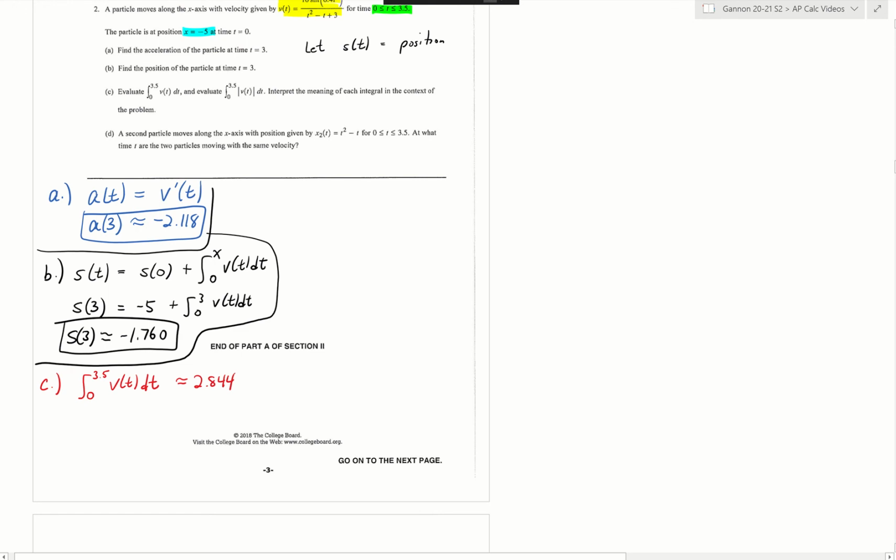Now it does want to know what that means in the context of this problem. Basically, the integral of velocity gives you the displacement, how far the particle is from where you began.